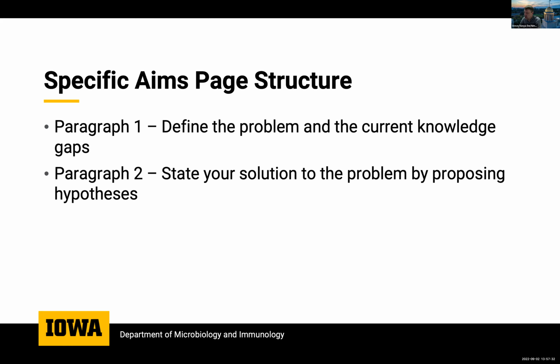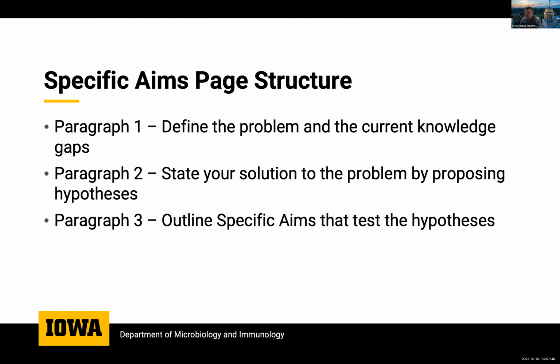And then the second paragraph is generally focused on what you're going to do to get at a solution to those knowledge gaps, right? And this is where you're proposing your hypotheses that you're going to test. And then the third paragraph generally outlines the specific aims that will test those hypotheses.